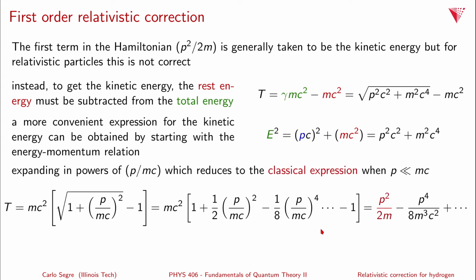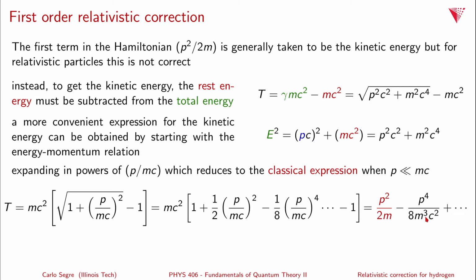Now, clearly, the mc squared is brought in here and it cancels out. So when it cancels out, it gives you p squared over 2m, minus p to the fourth over 8m cubed c squared. That's canceled out one of the m's and 2 c's.